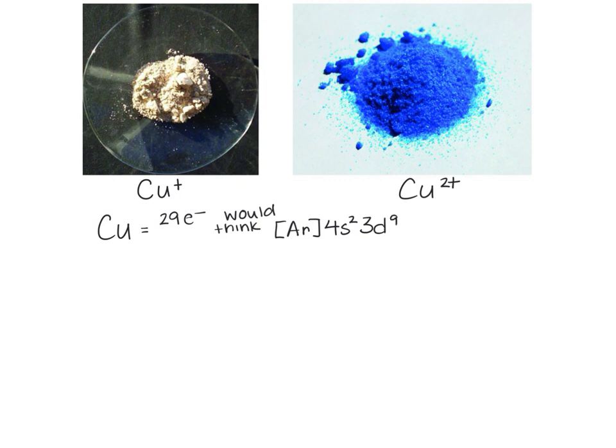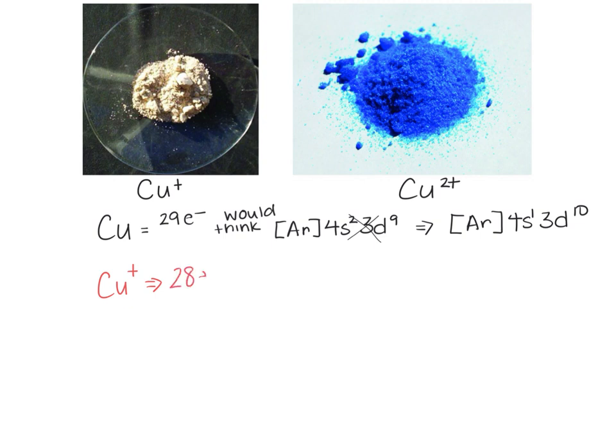It doesn't obey the rules because this particular S and this particular D are really close in energy levels. And so what actually happens is for copper, you get argon 4s1 3d10.